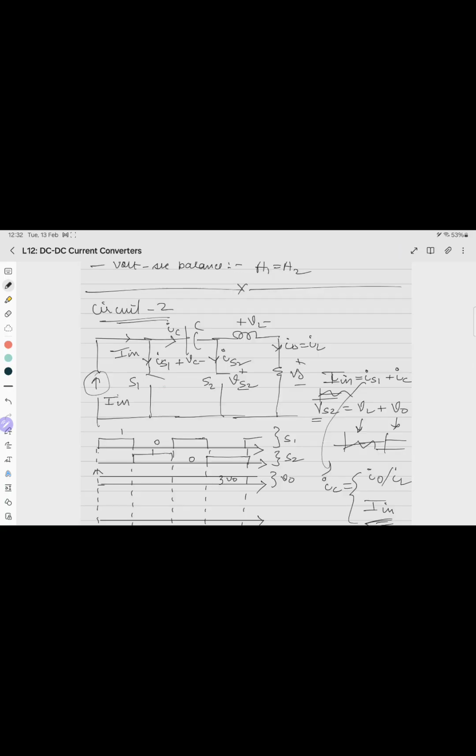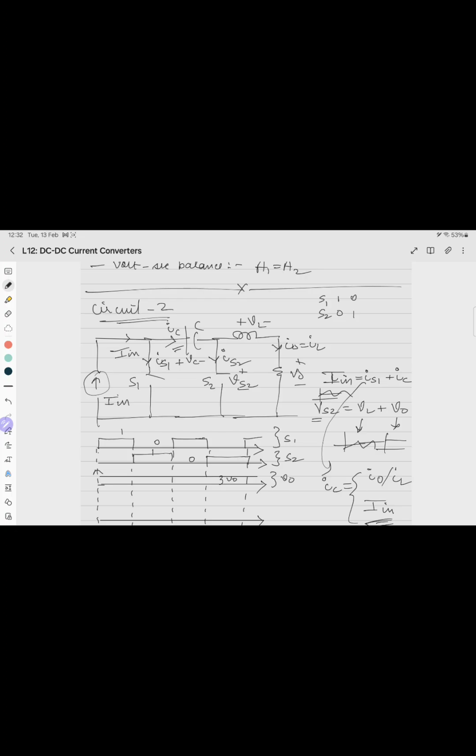So if S1 is on and S2 is off, in this circuit it is difficult to find IC. So first we'll see what is the valid phase when S1 is on. When S1 was on and S2 was off, 1, 0 and 0, 1.